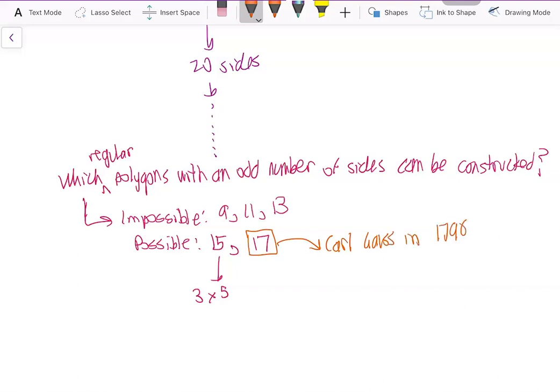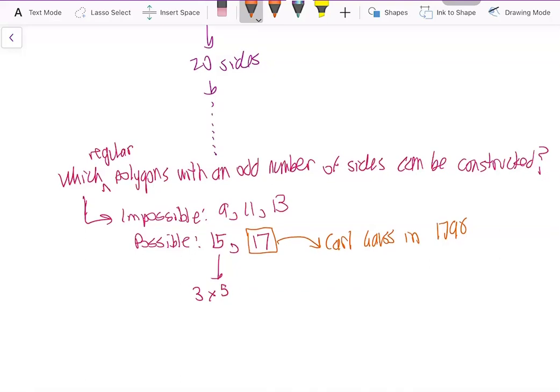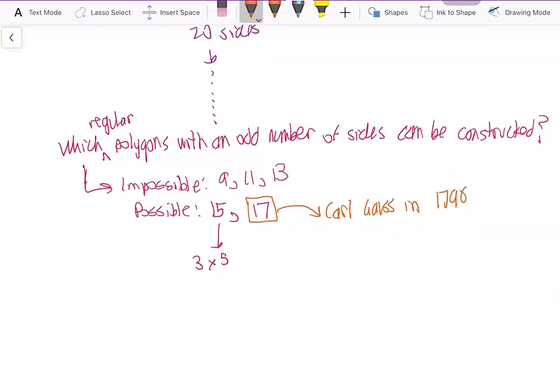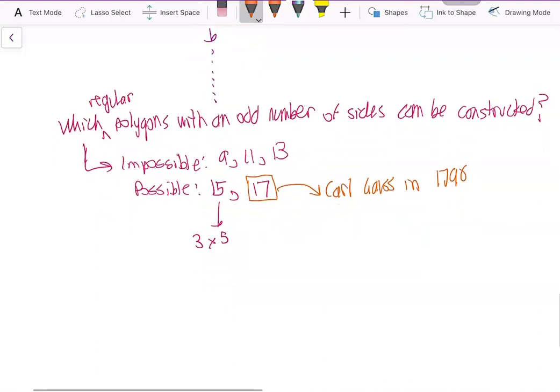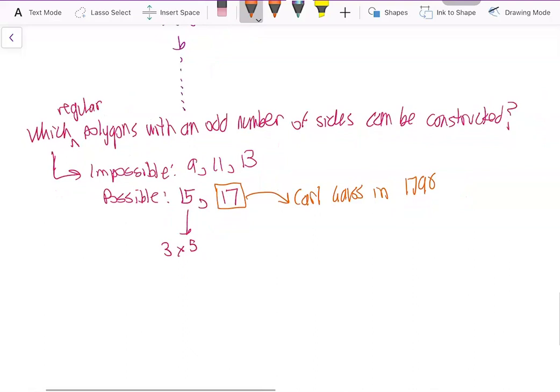So he proved a 17-sided regular polygon can be constructed in 1796. I believe he proved it can be constructed, but he didn't actually show how to construct it. So I believe someone actually showed how to construct it later on, but it was Carl Gauss who showed it can be constructed.